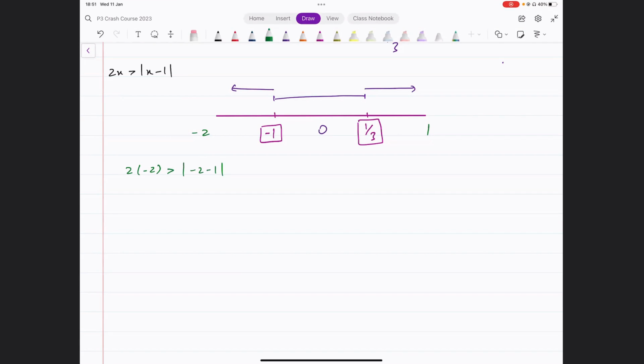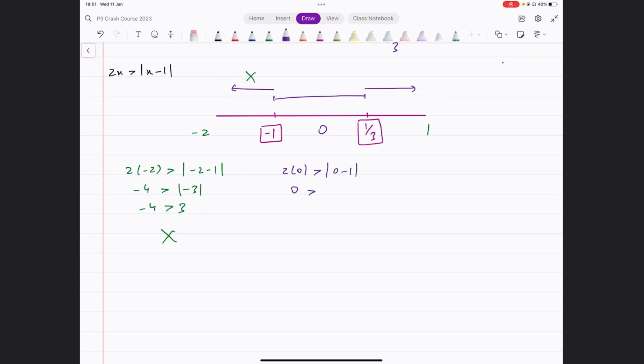All right. Now let's simplify this. This gives us minus 4 greater than modulus of minus 3, and that is minus 4 greater than 3. Is that correct? That's obviously incorrect. This is negative, this is positive. So this inequality is incorrect. This region does not satisfy the inequality. Okay, let's try the number in the middle. Let's try 0. 2 into 0 greater than modulus of 0 minus 1.